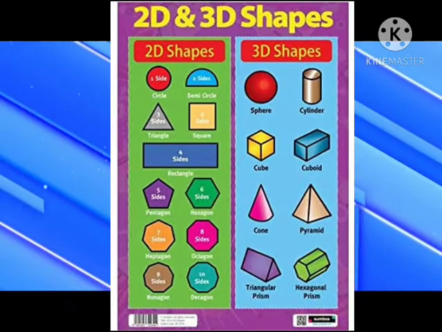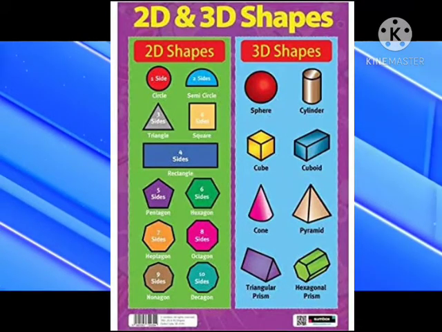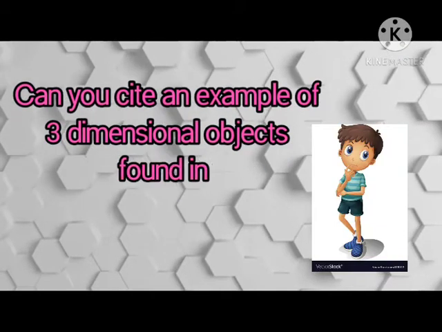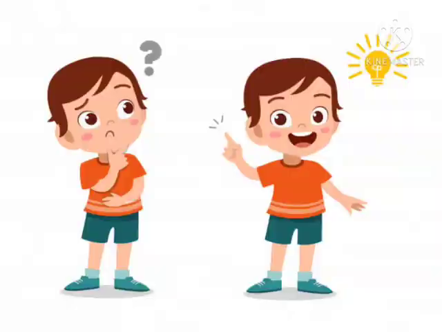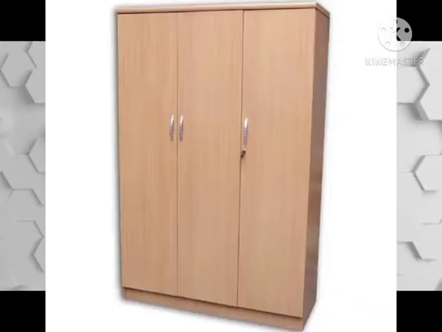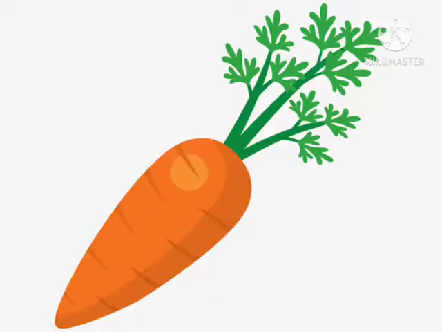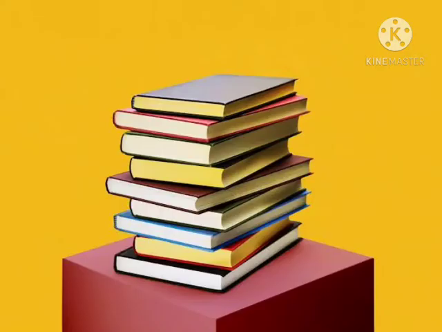Unlike two-dimensional shapes, three-dimensional shapes have thickness or depth. Can you please cite an example of three-dimensional objects found in your house? Yes, there are many, such as cabinet, ball, carrots, books, and many more.